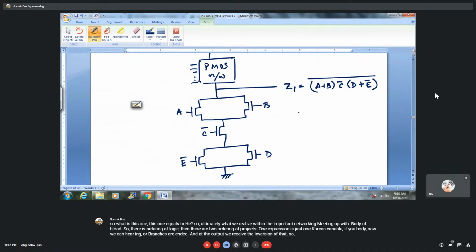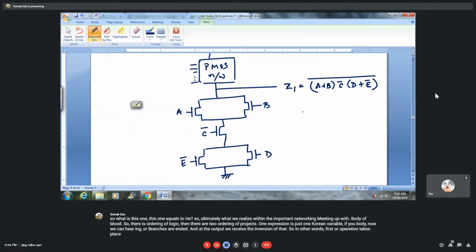In other words, first the OR operation takes place within the NMOS circuit, then the AND operation takes place, and then the inversion happens.